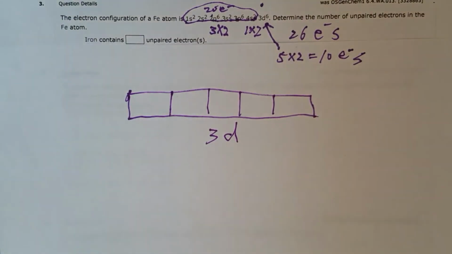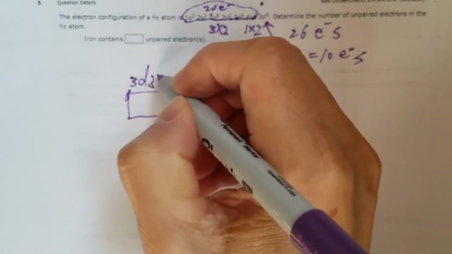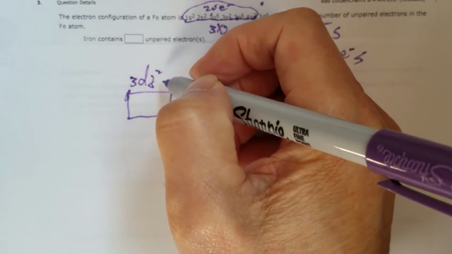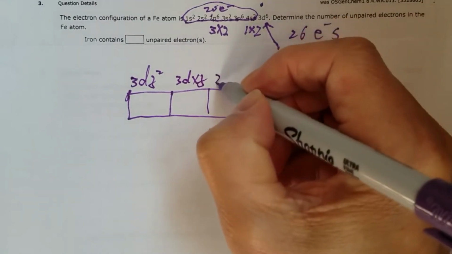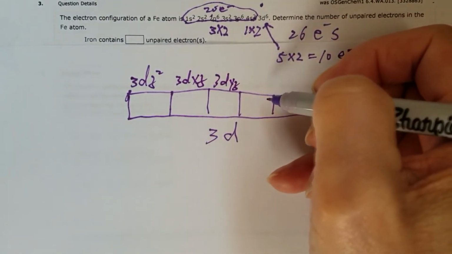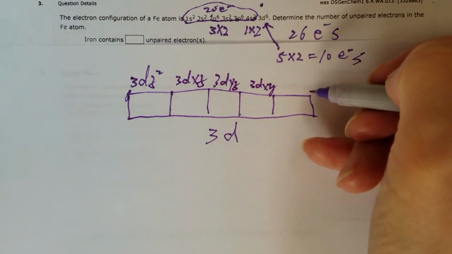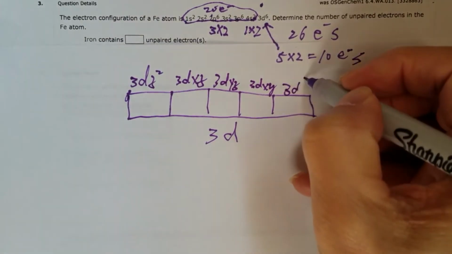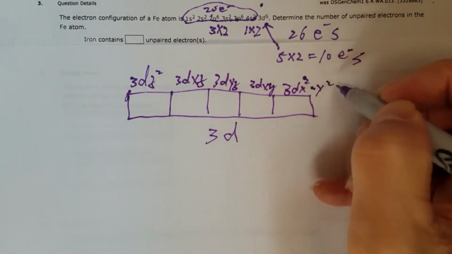If you want to know the details, you have 3dz2, 3dxz, 3dyz, 3dxy, and 3dx2-y2.